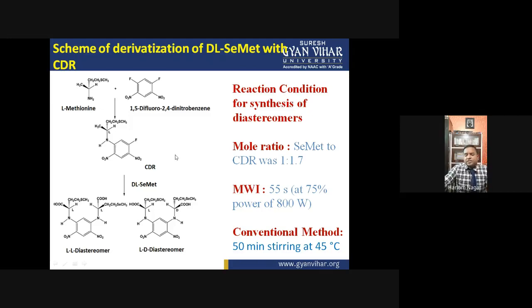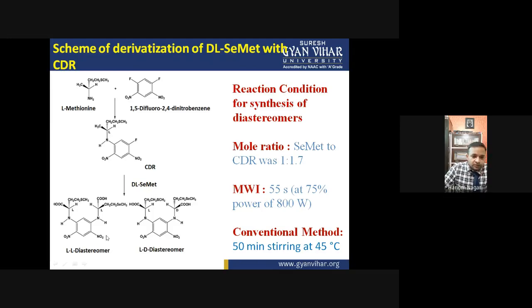Chiral derivatizing reagent means this is a reagent with a chiral center, and that is chirally pure. It is used for the preparation of diastereomers of the analyte. Here in our study, the analyte is DL-selenomethionine. The abbreviation of selenomethionine is SeMet.